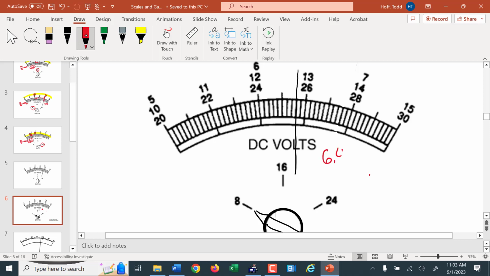Perfect. 6.4. So this is 6. It's 0.05 per mark. So 0.05, 10, 15, 20, 25, 30, 35, 40. 6.40. Any questions there?